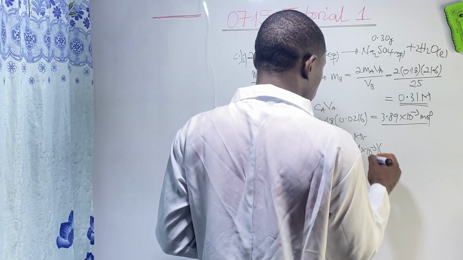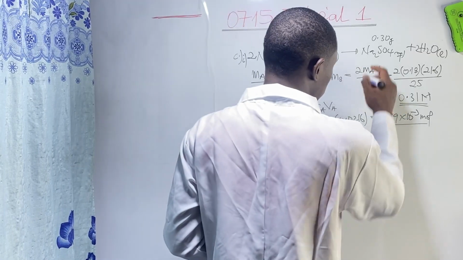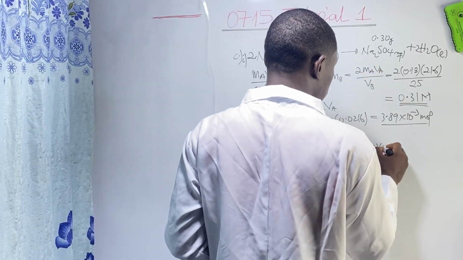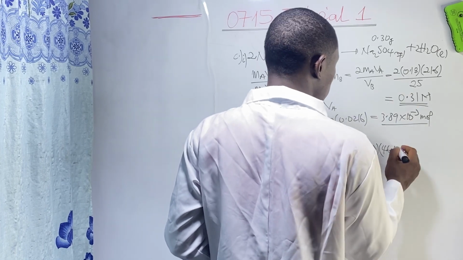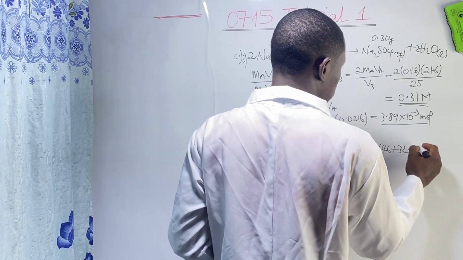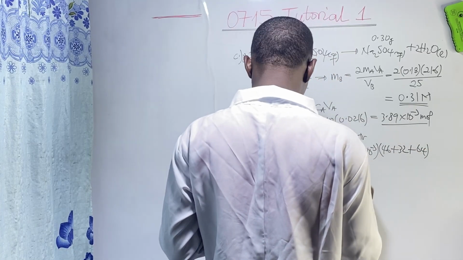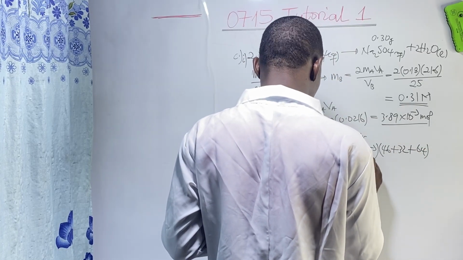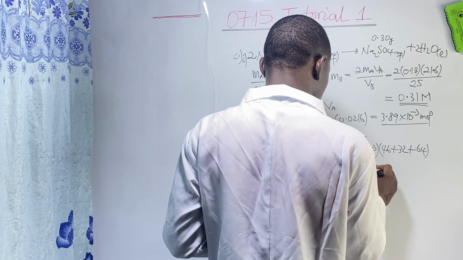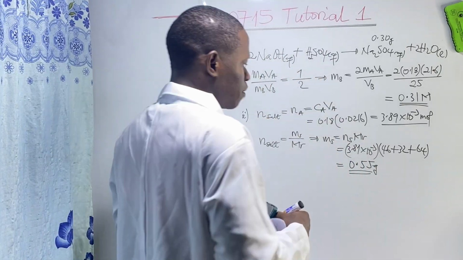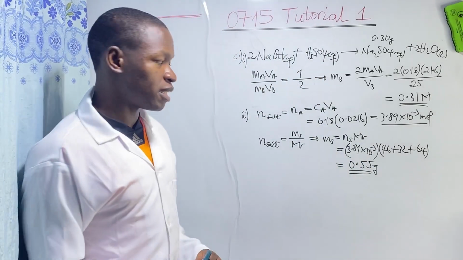Molar mass of the salt, sodium sulfate: sodium, 23 times 2, you will make 46. Sulfur is 32. Oxygen, 16 times 4 will make us 64. When you punch that, it's going to give you 0.55 gram. That is the mass of the salt that was expected.